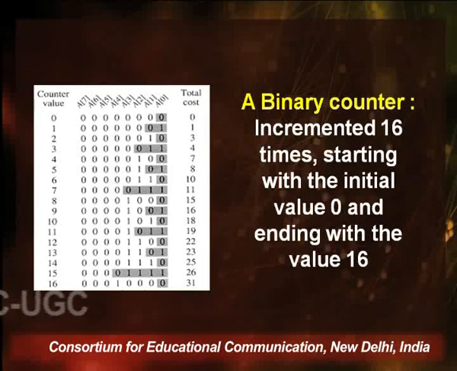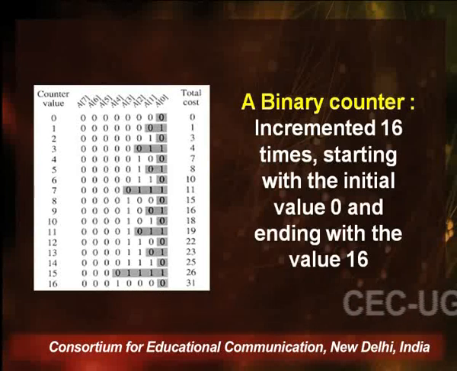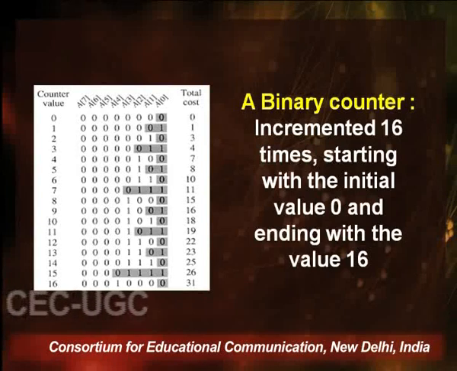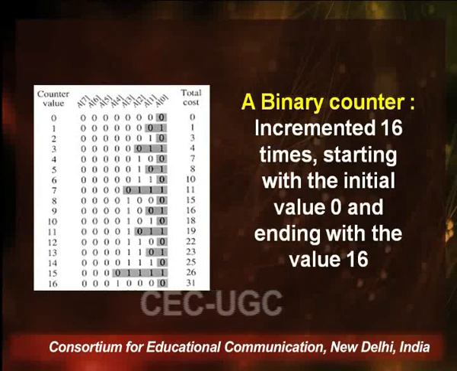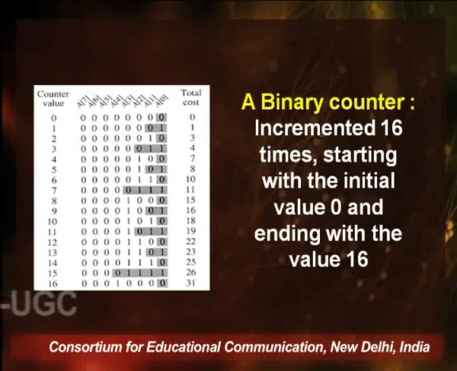Incrementing again, we have 2, and the binary number corresponding to 2 is stored in the array. Then we have 3, and so on. At the rightmost we have one column which says total cost. I'll be coming to that total cost in a moment.